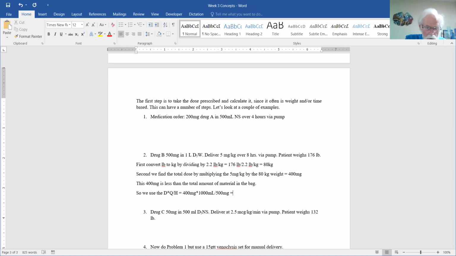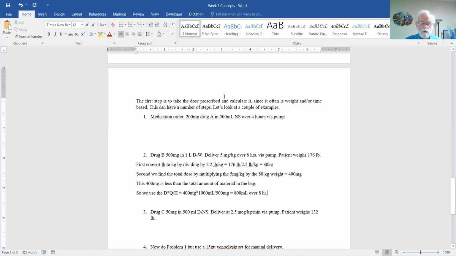Okay, no problem. So now we simply do the math. Again, what this amounts to is we're going to actually deliver 800 milliliters. But this again is over 8 hours according to the problem.